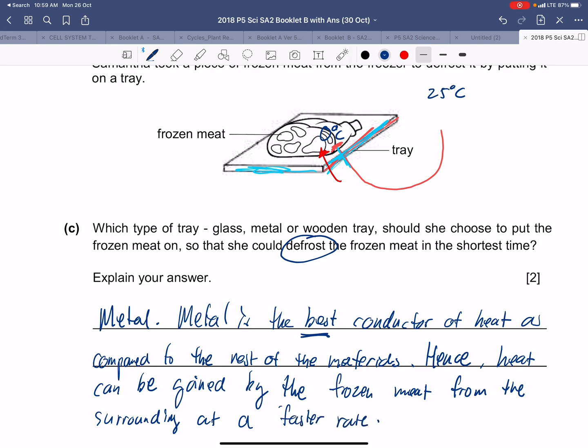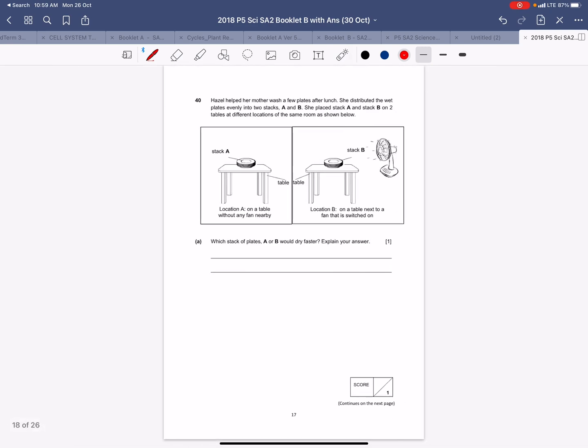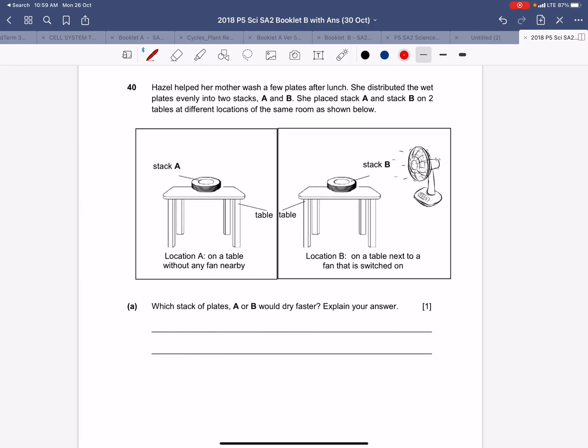Now, note how I'm using words like faster, because it's already happening. It's just that I want it to be faster, so I use the word faster. Okay? Alright, moving on. Next question.